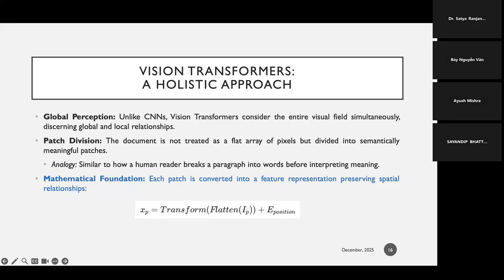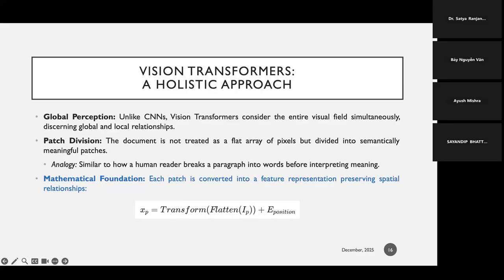And LVM-OCR does the exact same thing. It breaks the document image into small squares, or patches, as we know in the model. Conceptually, each patch is treated just like a word in a sentence. It allows the model to process the image as a sequence of meaningful information, not just random noise.